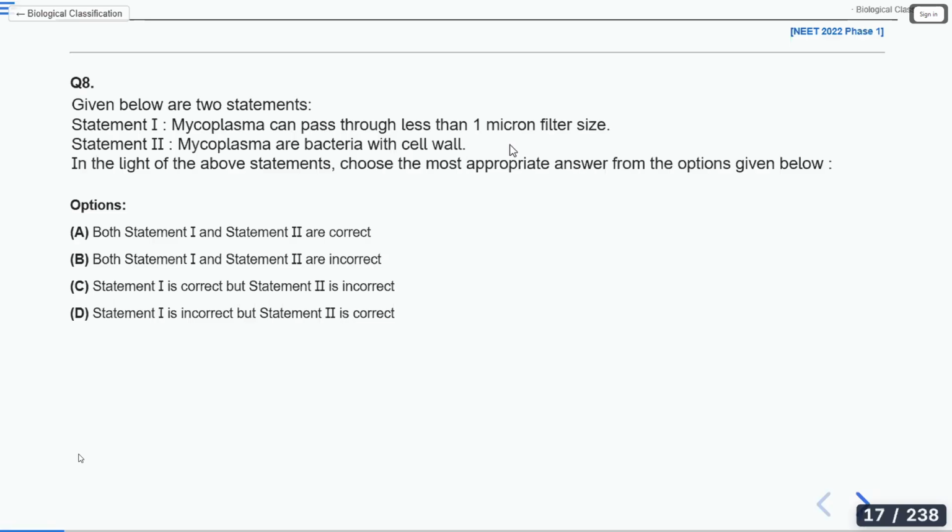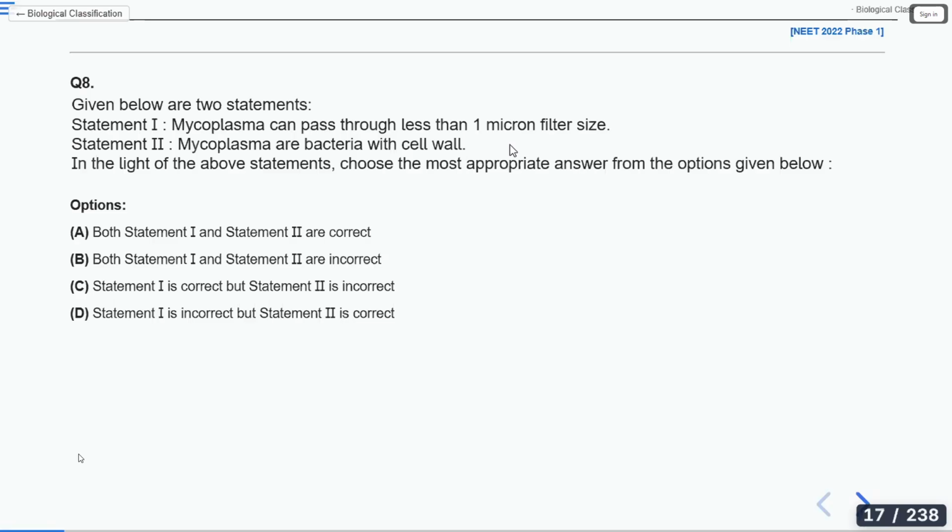Any other answers? What is mycoplasma? Okay.